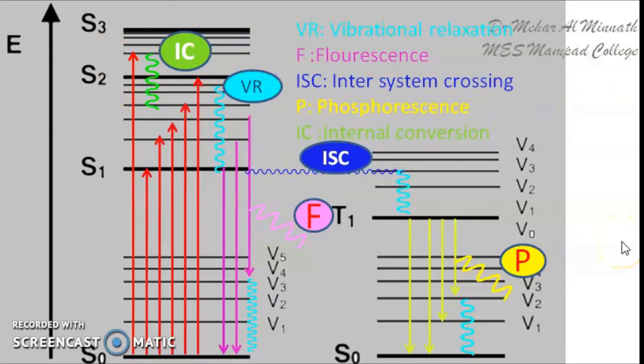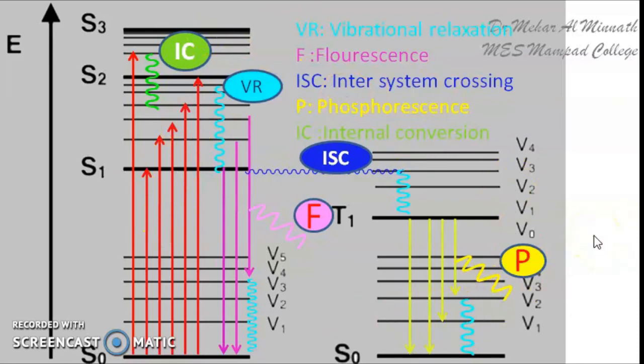So these are the various modes or ways in which, when molecules absorb energy, changes happen within the molecule. Now all these processes which we have discussed here are photophysical processes, not photochemical processes. Okay, in a photophysical process there is no chemical change happening.